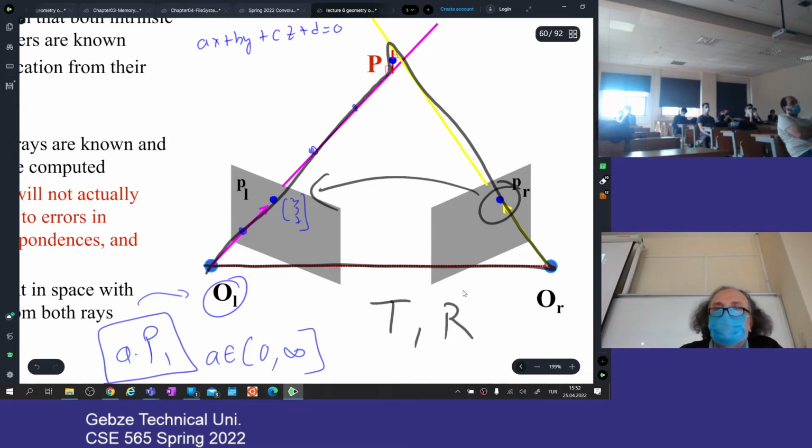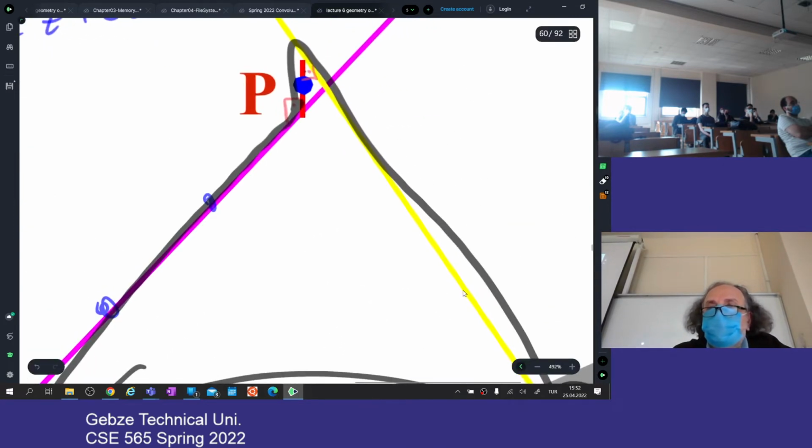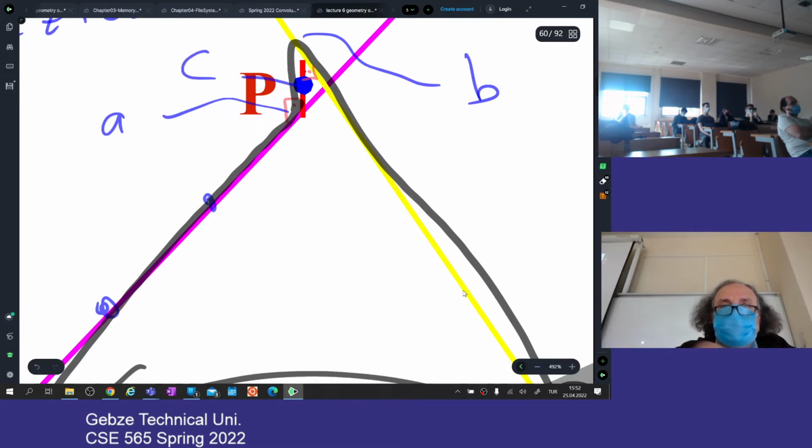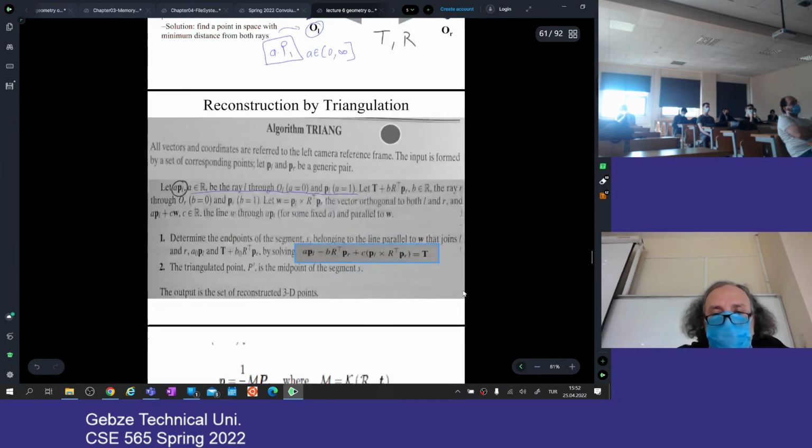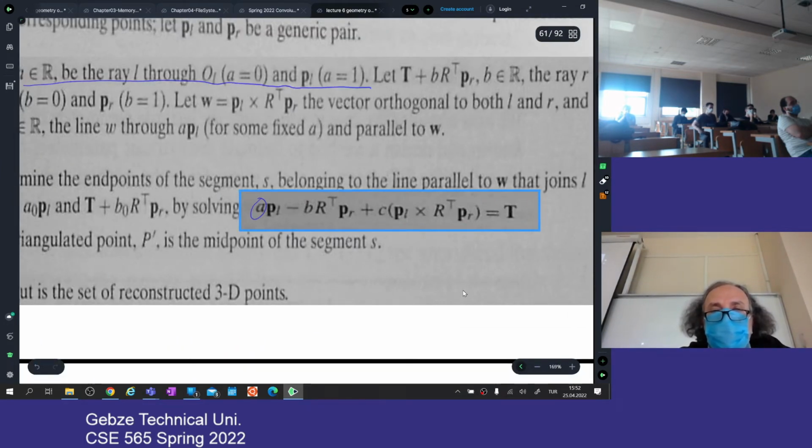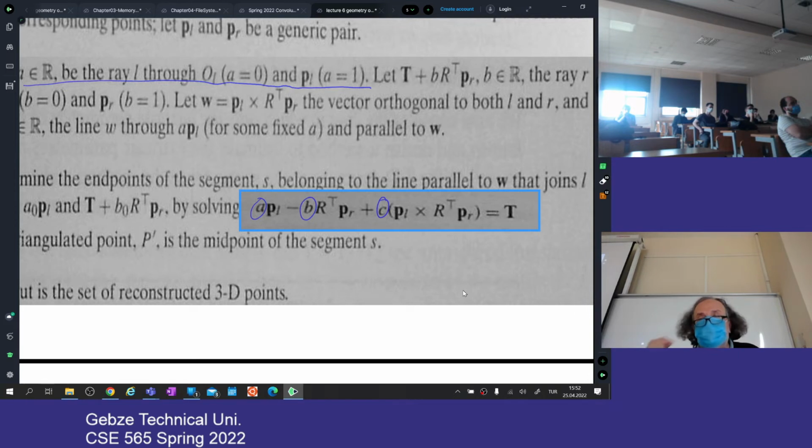So for this one, I have A PL, A here, and B here, and at the center I will have C. Three unknowns, and one equation. How am I going to solve this?